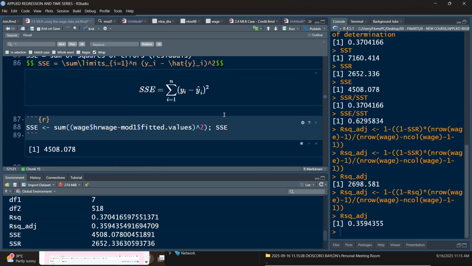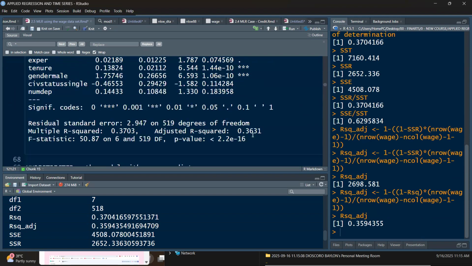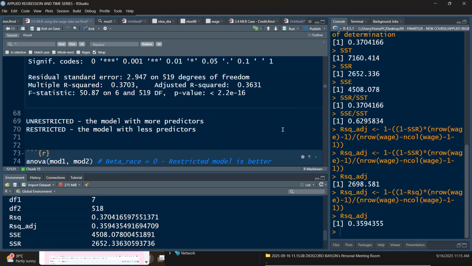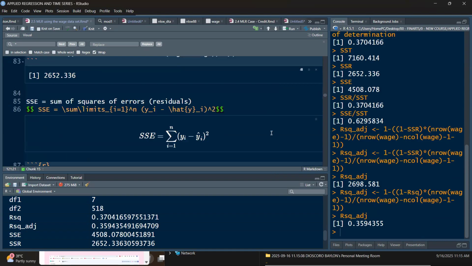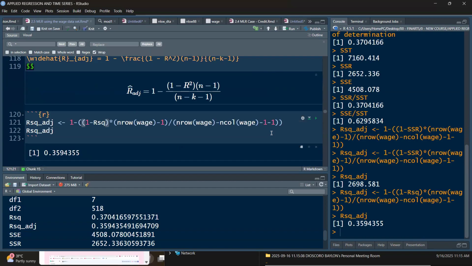35.94. How much is this? 35.94, 36.31. So there's a slight discrepancy. Maybe they have the formula wrong. R squared. Yeah, this is R squared. N minus 1. K is the number of predictors, number of columns of wage minus 1 minus 1. And this is correct. 35.94.